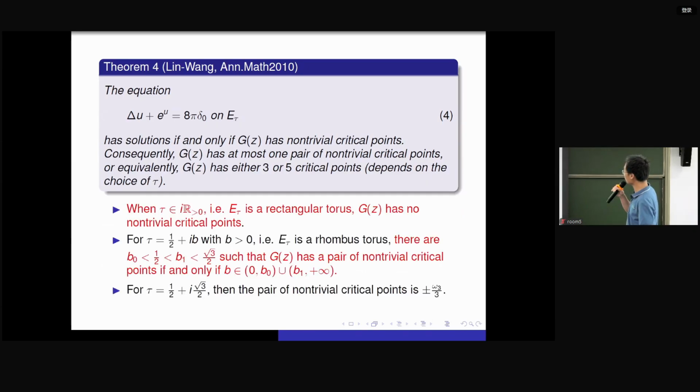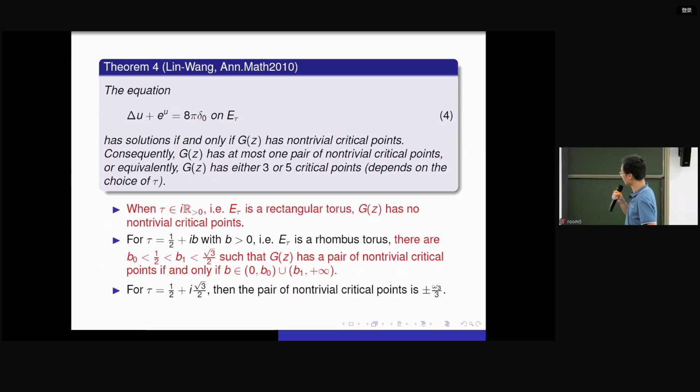Here are two examples. For example, when tau is purely imaginary, that is, the torus is a rectangular torus, then the Green function has no non-trivial critical points. So this equation has no solution. But if the real part of tau is 1/2, that is, the torus is a rhombus torus, then the situation is complicated.